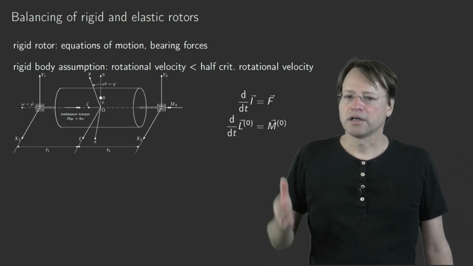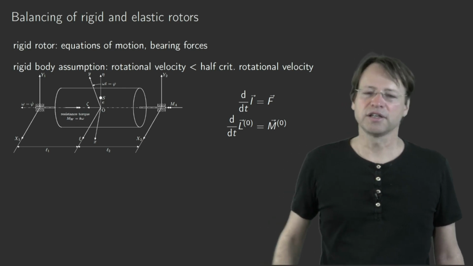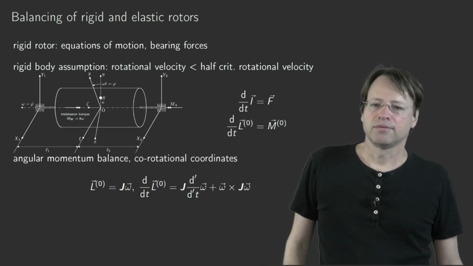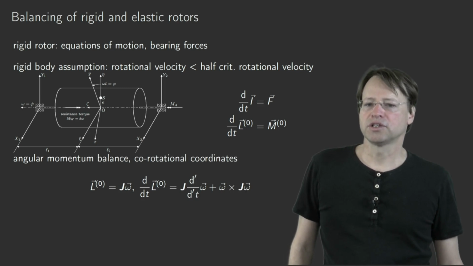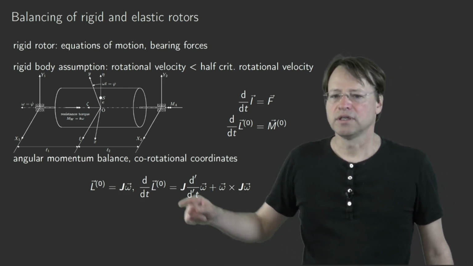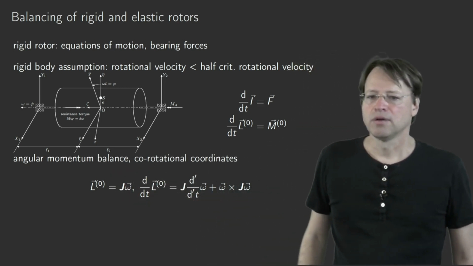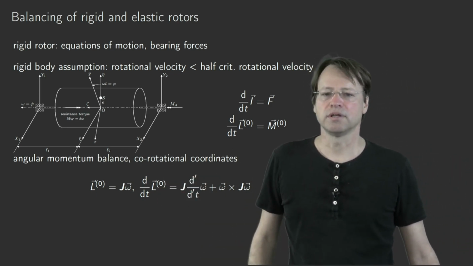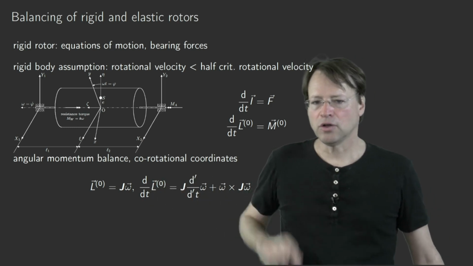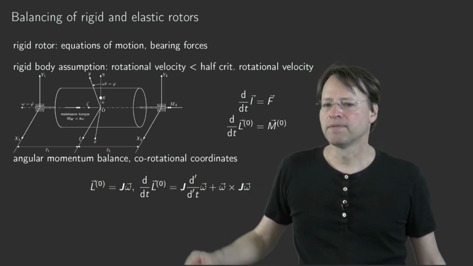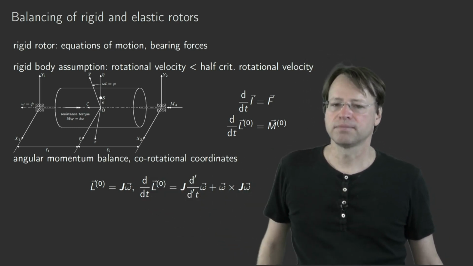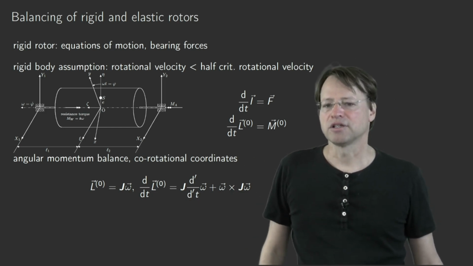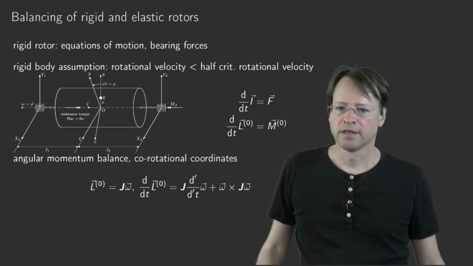And now let's start with the second equation first, so with the angular momentum balance. And we want to formulate it in co-rotational coordinates. So what do we know about the angular momentum? We know that there's a linear relationship between the rotational velocity, omega, and the angular momentum, and that linear relationship is represented by the mass moment of inertia tensor.